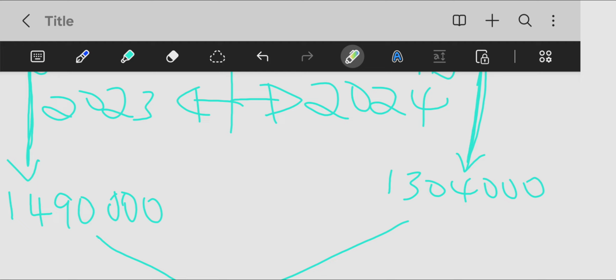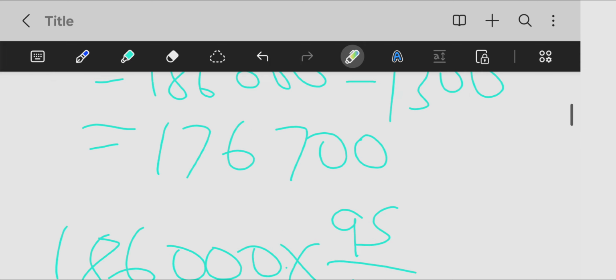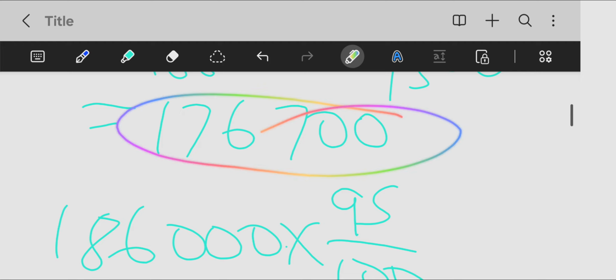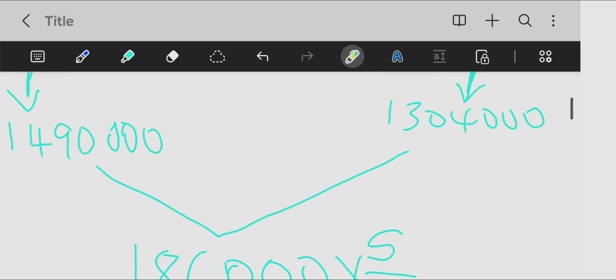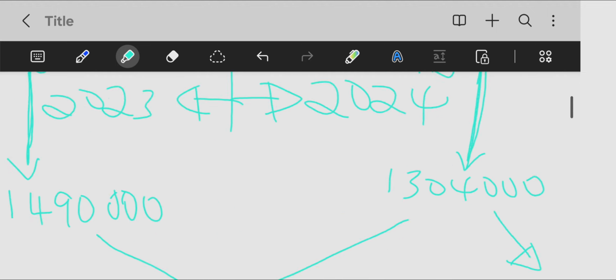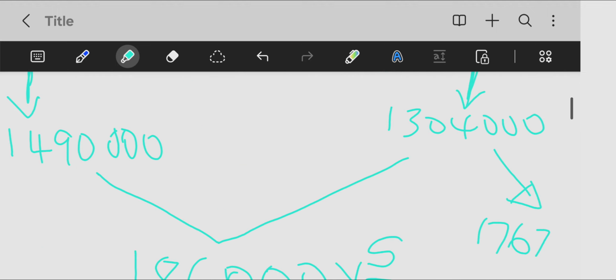But now, is this whole amount non-current? No, because within the coming 12 months, which is next year, we are going to pay 176,700. So meaning that within this amount, there is a current portion of 176,700, which is the current portion.